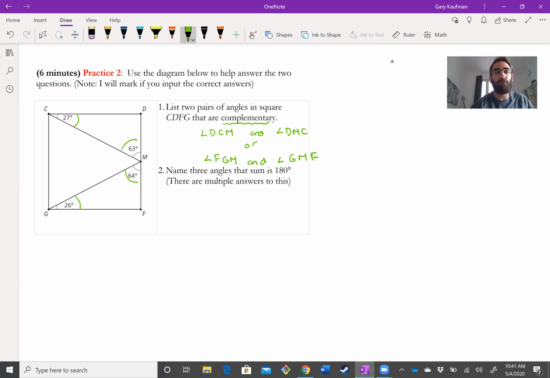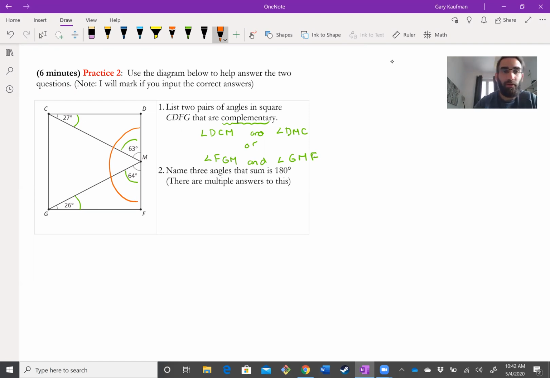Now, we don't know for sure that this is a box, so we can't say the other ones. We have to use the ones that we know. Okay, now add up to 180. Well, the easiest thing is to find a line.